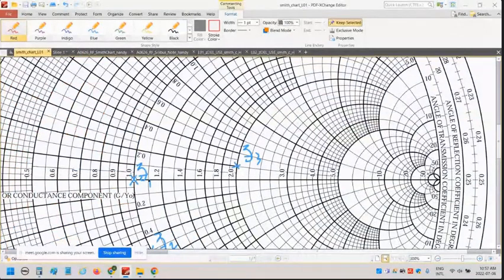Oh, no, this one is 1.0, until 2, 2 is here. And then plus j, you use this scale, this curve: 0.2, 0.4, 0.6, 0.8, 1. So the location of Z is here. This one is small z.